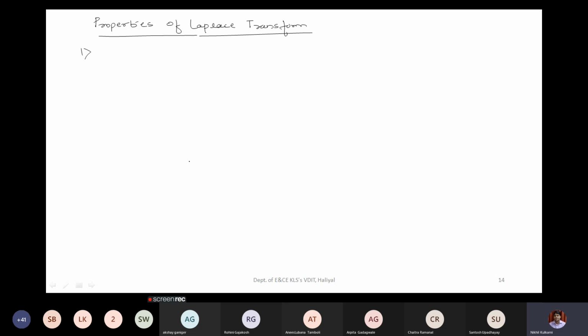So first property is linearity property. Okay.